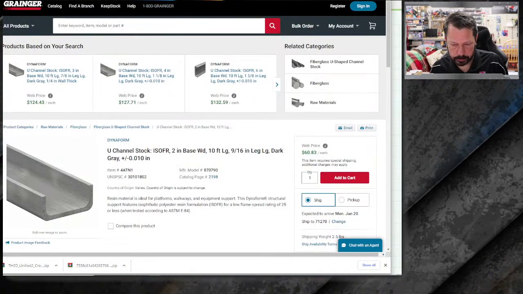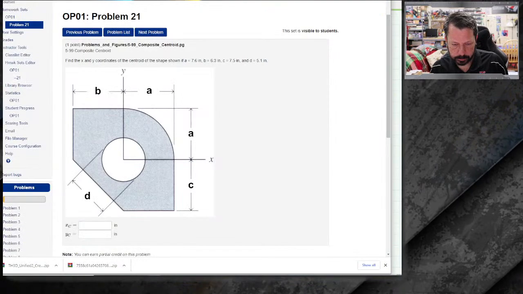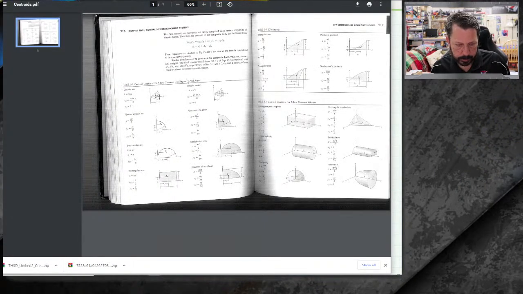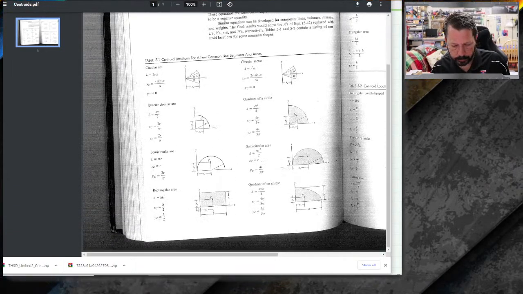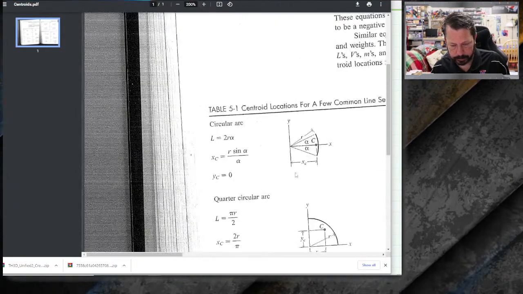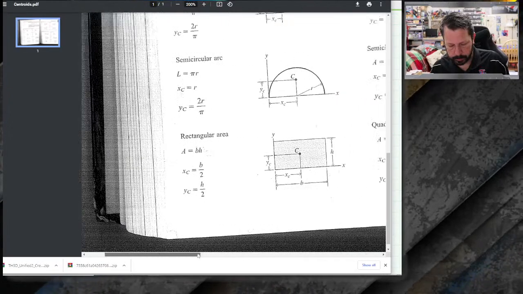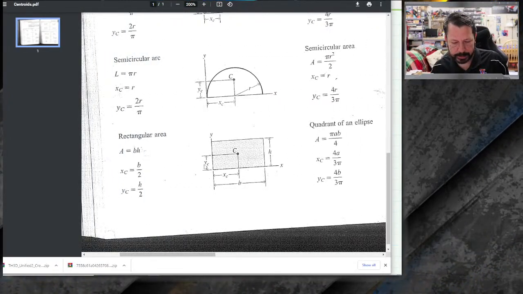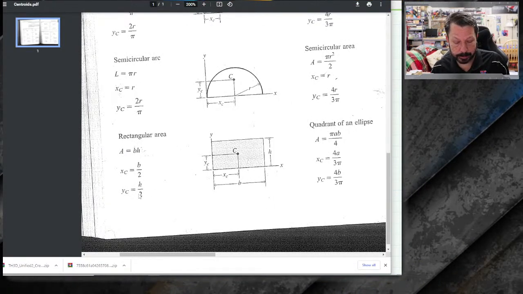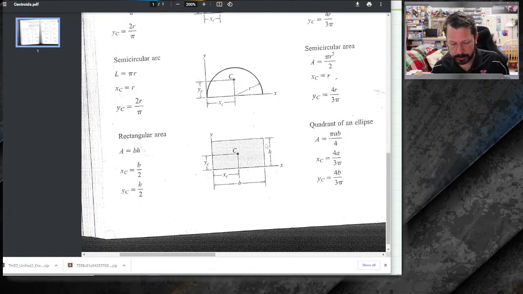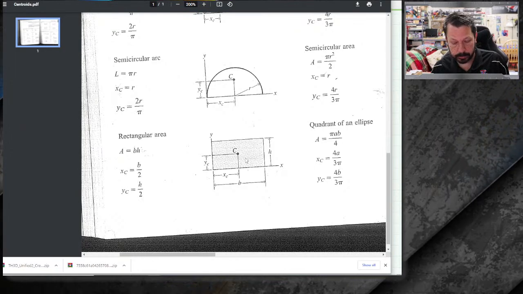I know that because in this case I'm dealing with rectangles. Y sub c for a rectangle is right in the center. So you probably don't have to look that up, but they do tell you that y sub c is the height of the rectangle divided by 2.